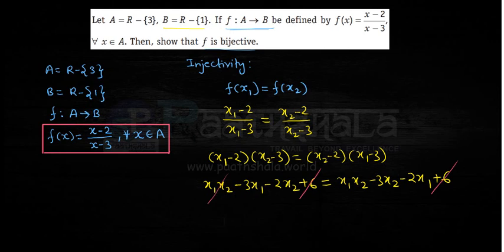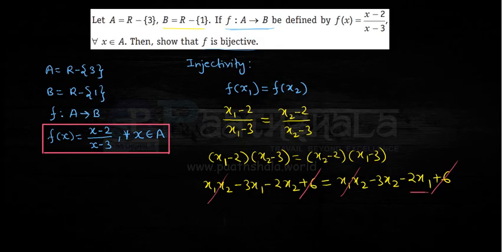x1x2 and x1x2 get cancelled. So let's take like terms on each side. Let's take x1 to the left side and x2 to the right side. Here we can see it is minus 2x1. If we take this minus 2x1 to the left side, it will become plus 2x1.